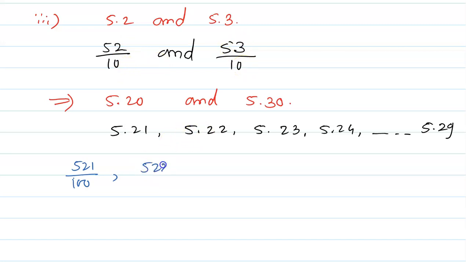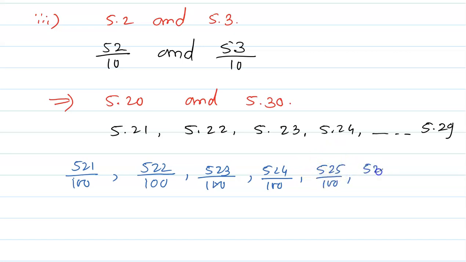Next to it we have 522 divided by 100, 523 divided by 100, 524 divided by 100, 525 divided by 100, 526 divided by 100, 527 divided by 100, 528 divided by 100 and 529 divided by 100. So those are the rationals that lie in between 5.2 and 5.3.